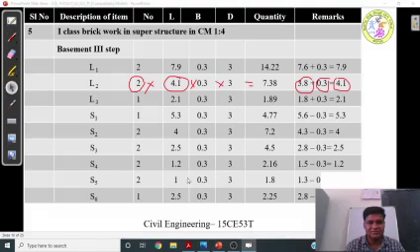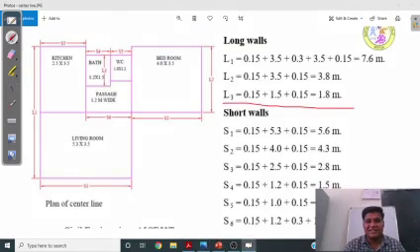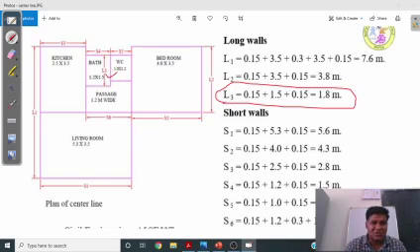Similarly, there is one more wall L3. The center line length of L3 is 1.8 meters and there is only one wall of L3.